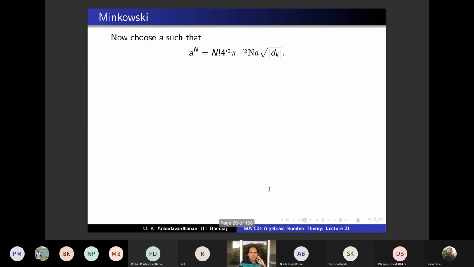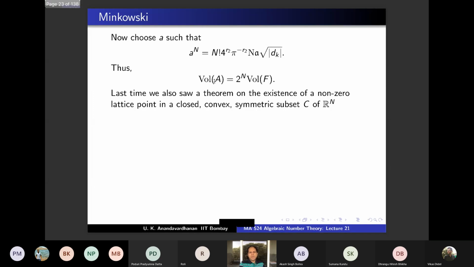Because of these two things, a is chosen so that the volume of the region is 2 power n times the volume of F. And the result of Minkowski was that if the volume is bigger than or equal to 2 power n times the volume of F, then it has a lattice point. So last time we also saw this theorem on the existence of a non-zero lattice point in a closed convex symmetric subset C of R^n, provided the volume of C is bigger than or equal to 2 power n times the volume of F. So we can apply this to our region.